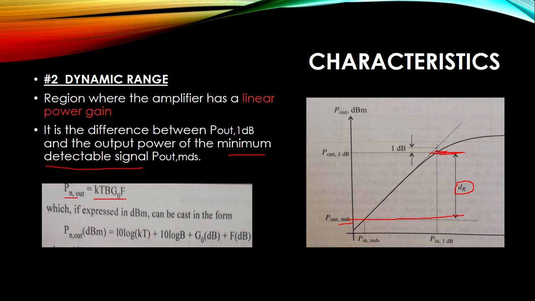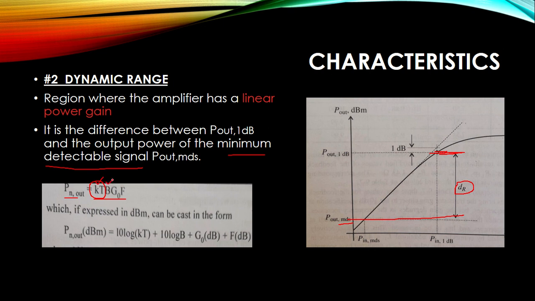So temperature is one main factor that affects the characteristic of any RF device. So this KT specifies the temperature variation of the given RF amplifier, and the nominal value of KT is minus 173.8 for 300 degrees Kelvin.